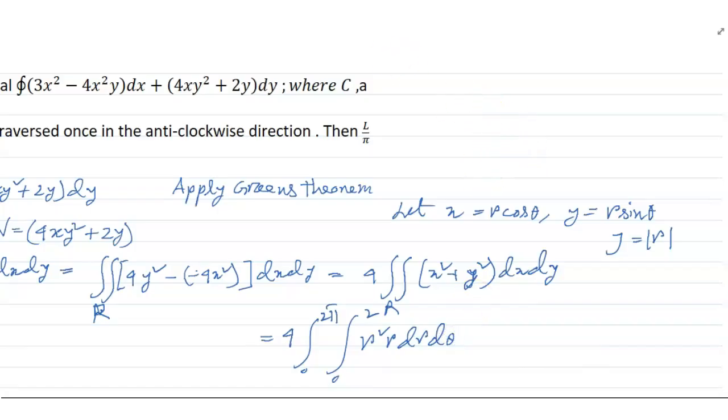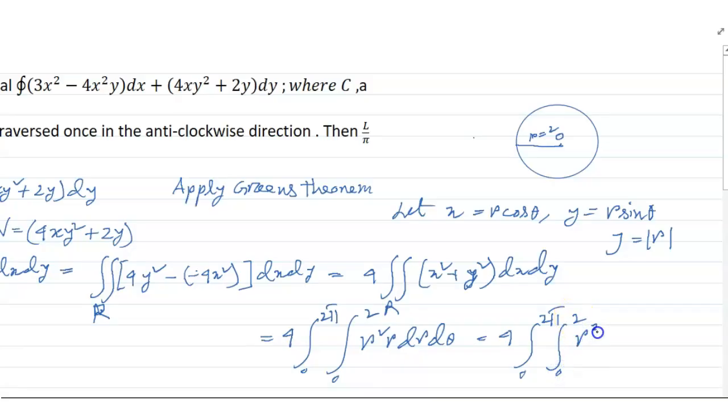Friends, I draw this: this is the circle, with center O and r equals 2, so the radius is equal to 2. So 4 times the integral from 0 to 2 pi, and 0 to 2 of r³ dr d theta.